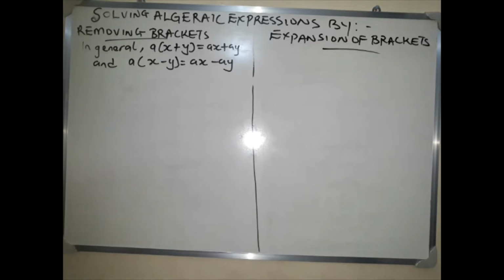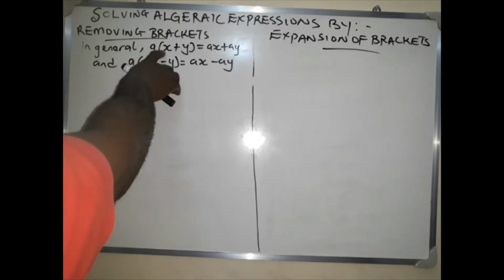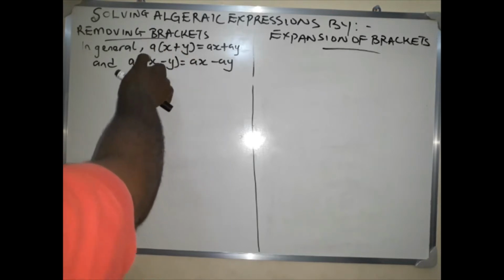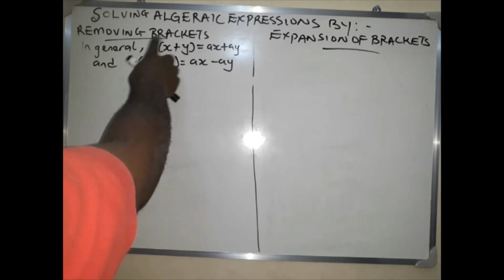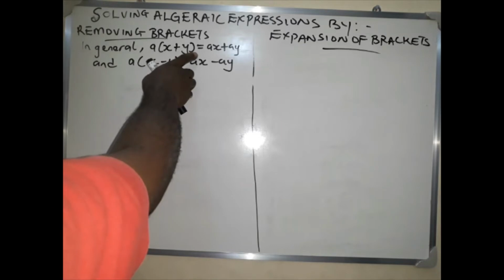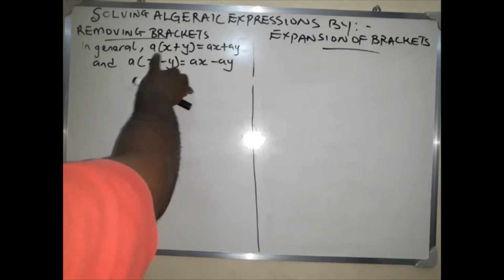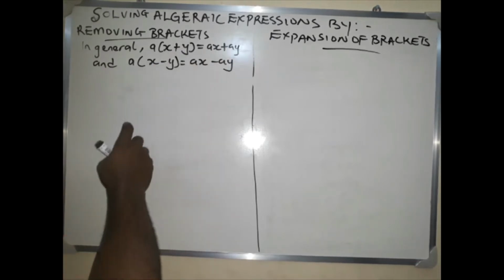And we have an expression here which says, in general, a times what we have in this bracket, x plus y. When we want to remove this bracket, we multiply a by everything that is inside the bracket. And we now say a times x, which gives us ax, plus a times y, which gives us ay.